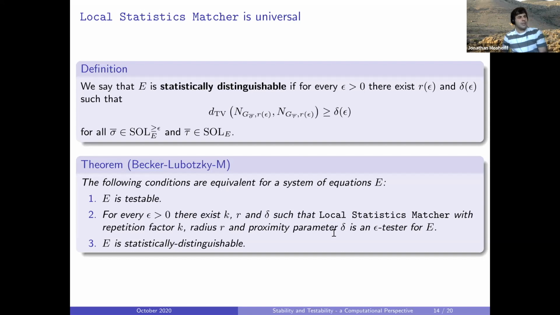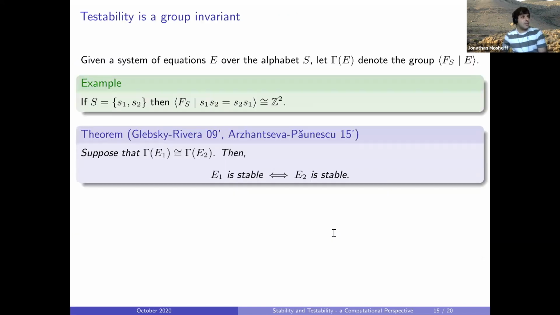Okay, so we know that local statistics matcher is universal. Now, finally, maybe you can also have some groups in this talk. I'm just going to quickly remind you that given a system of equations E, group stability is first concerned with the group presented by these equations.